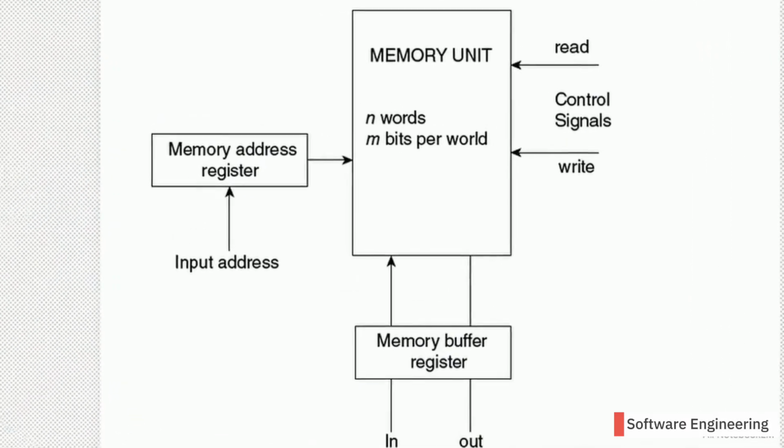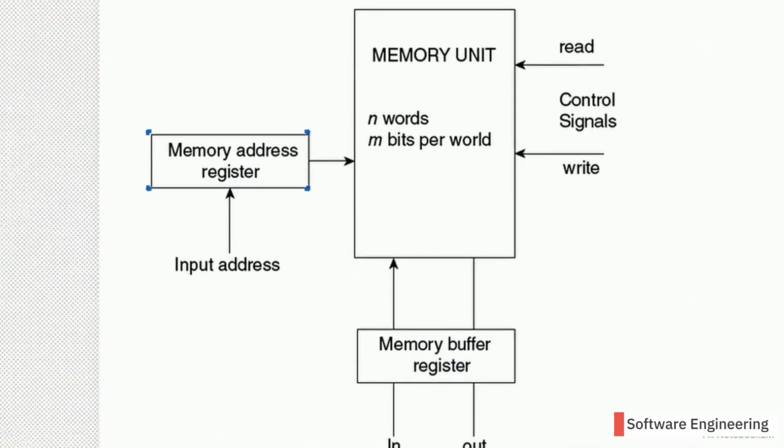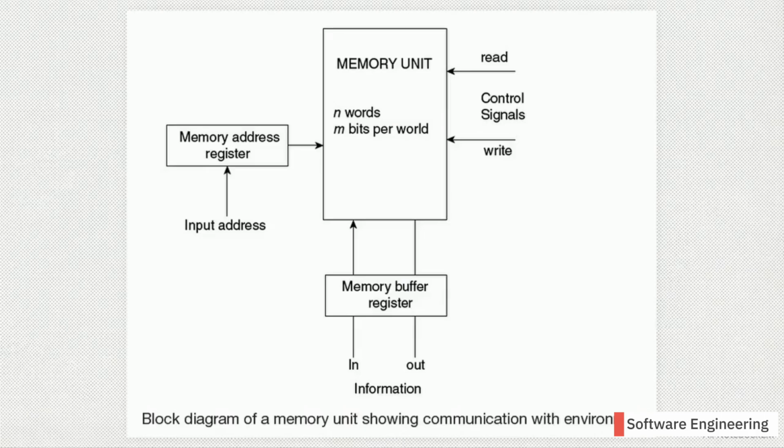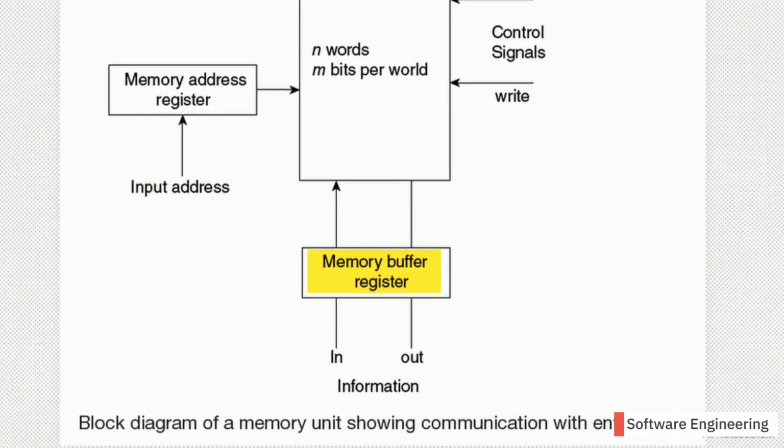To communicate with a specific memory byte, its location number is transferred to the Memory Address Register, or MAR. An internal address decoder takes this location from the MAR and opens the specific physical pathways needed to access the requested byte. The information then transfers in and out of the memory unit through one common gateway known as the Memory Buffer Register, or MBR.